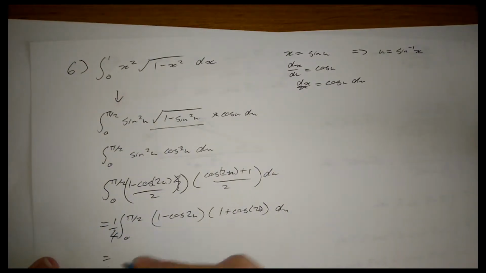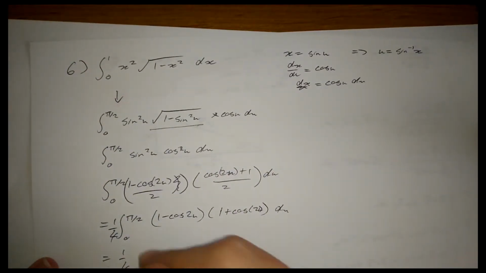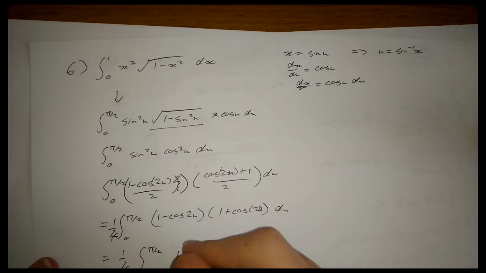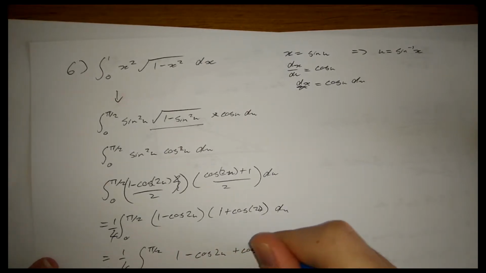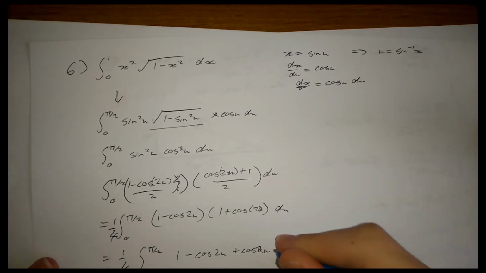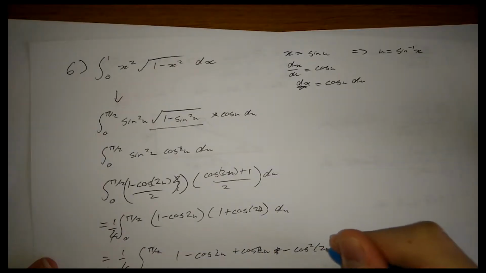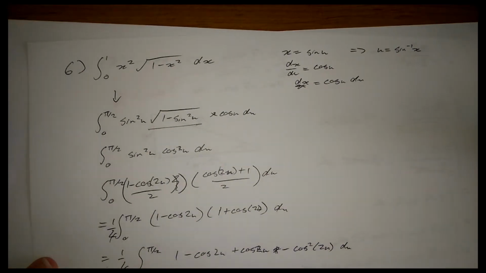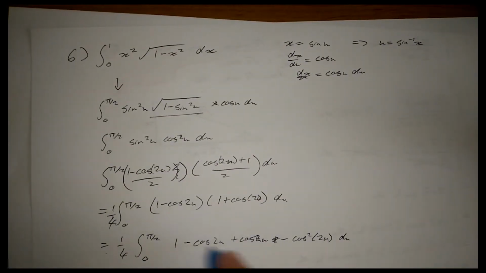You can hopefully see that this is just difference of perfect squares. So that would be 1 minus cos 2u plus cos 2u minus cos squared 2u du. Those will just cancel out.